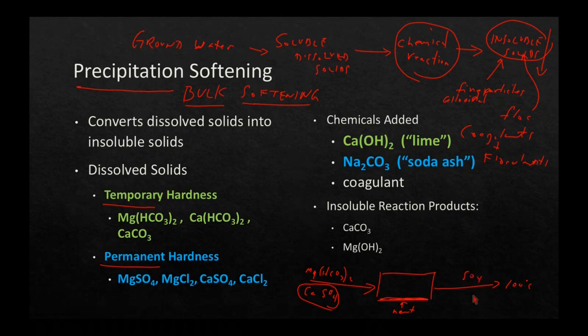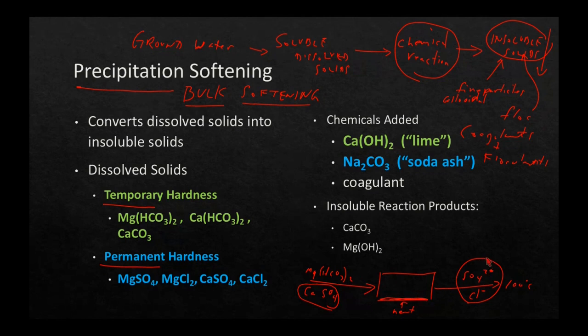So I'm just going to put sulfates, chlorides, that's 2 minus, and the chloride is just minus. So these species persist, but the bicarbonates form scale.